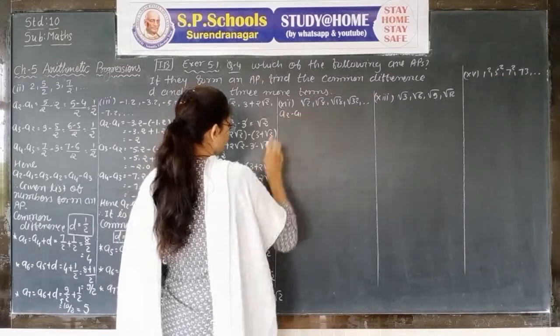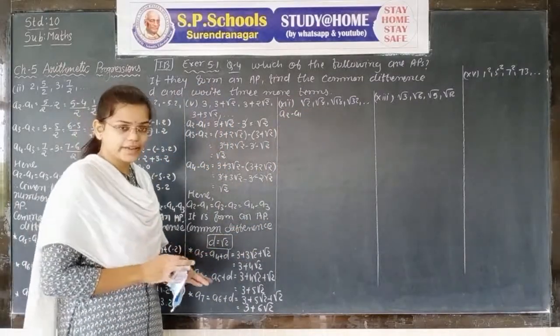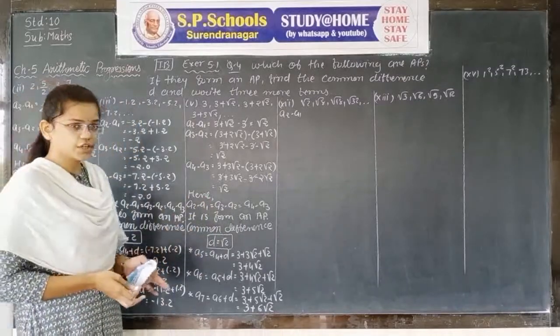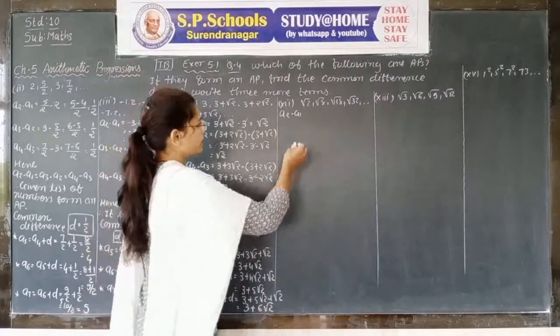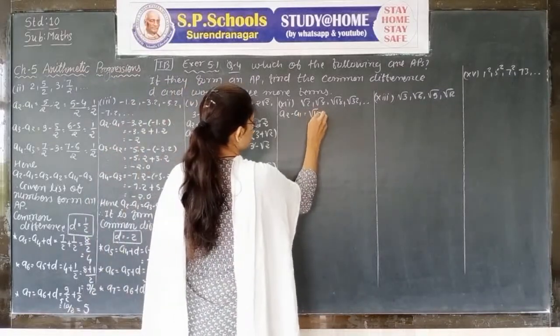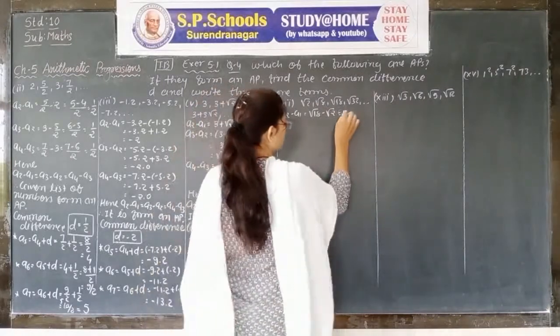a2 minus a1. If the given list of numbers does not form an AP, how to check? You know very well: if the differences between consecutive terms are not equal, then it does not form an AP. a2 is root 18 minus root 2, but root 18 is 3 root 2, since 9 twos are 18.